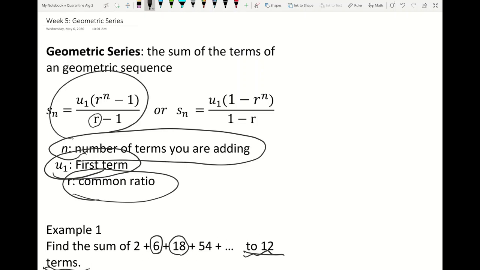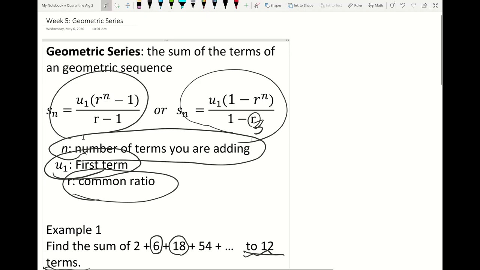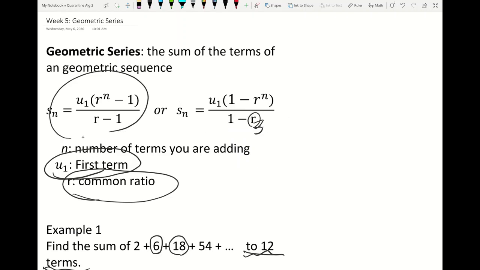If you put 3 in R, what's 3 minus 1? That's 2, which is pretty easy, isn't it? But if you try to use the second formula, if you put 3 in R right here, you have 1 minus 3, which is negative 2. And I would rather have positive 2 than negative 2. So I am going to use the first one.